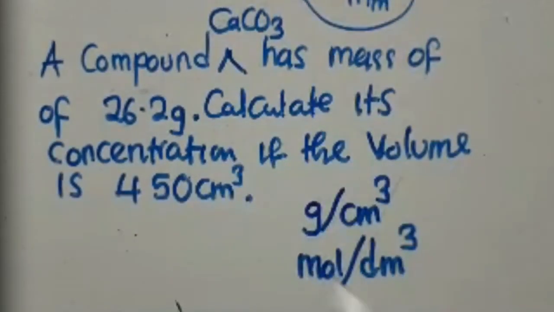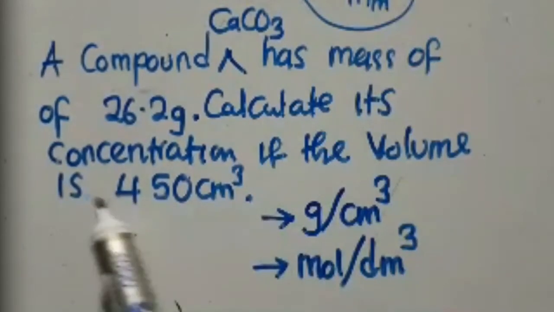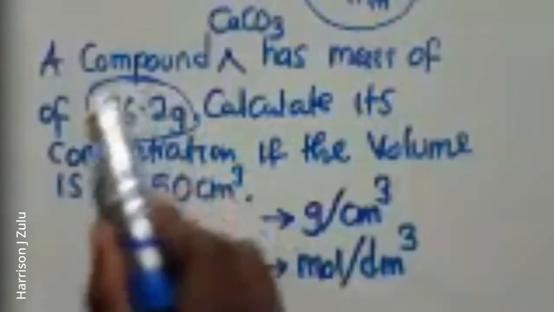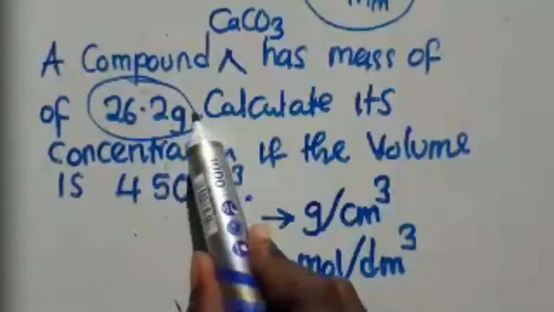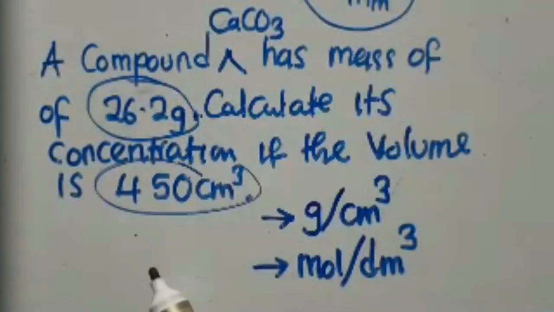So now you ask yourself a question: how can you find the concentration here? You are given the mass, and you are also given the volume. So you can just go direct and find the concentration.